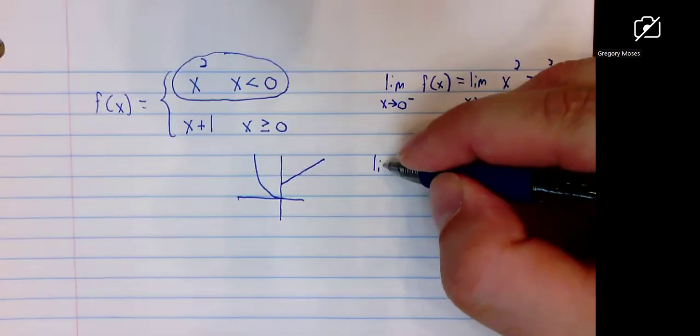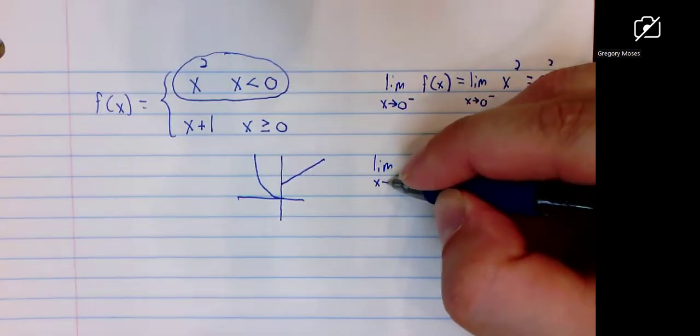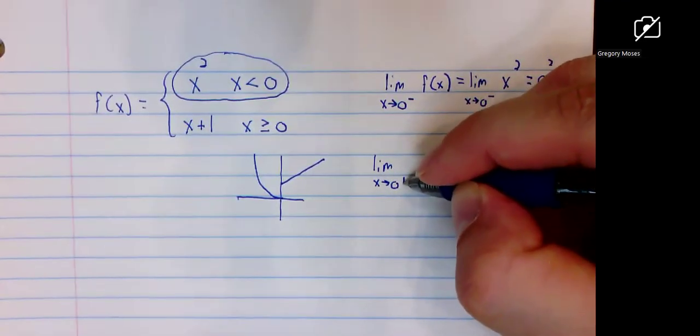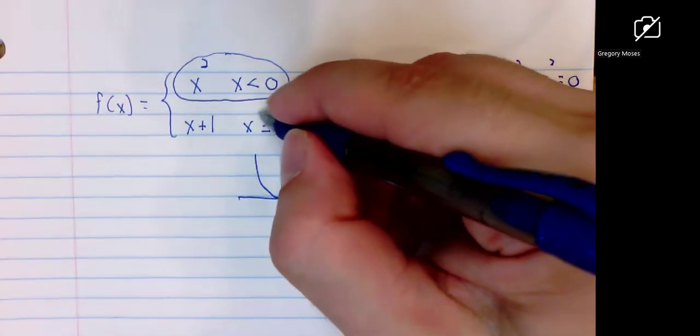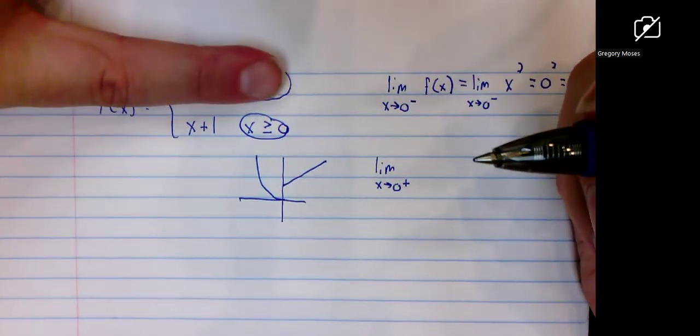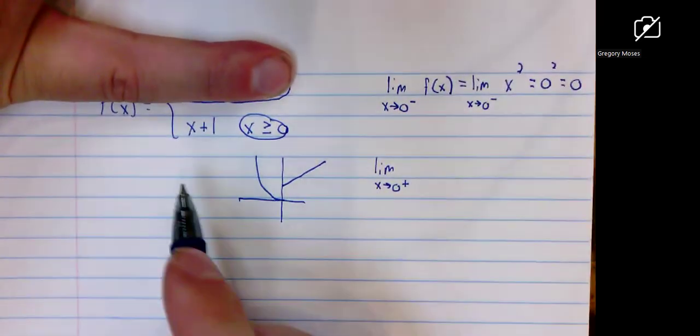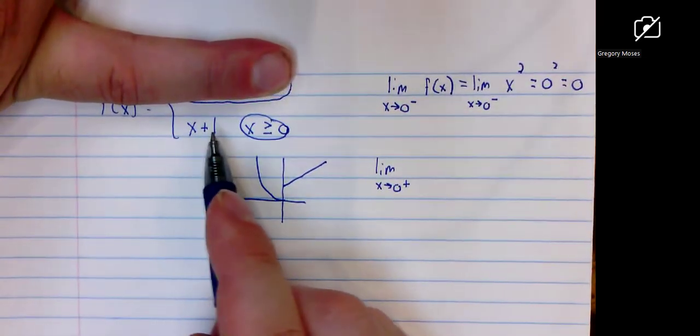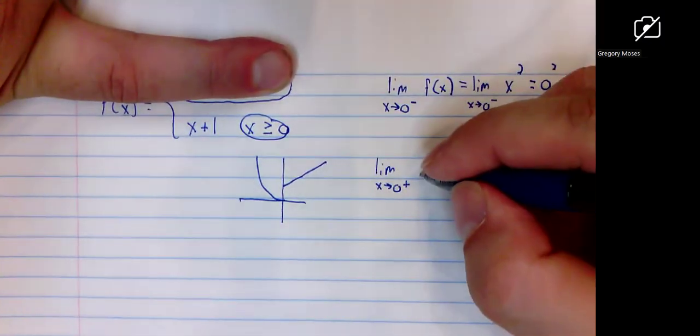By contrast, if we're approaching 0 from the right, that means we're bigger than 0. And that means we're working with this piece.